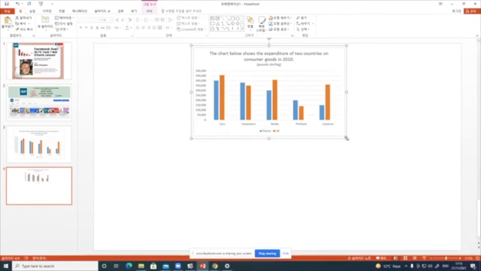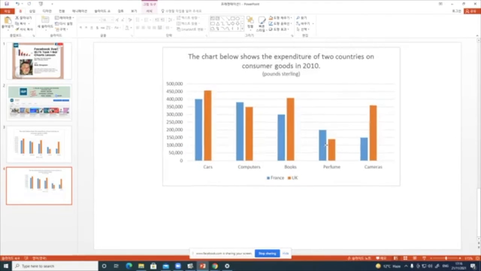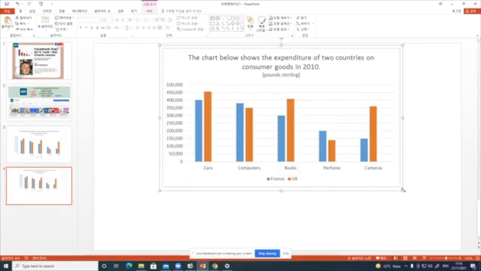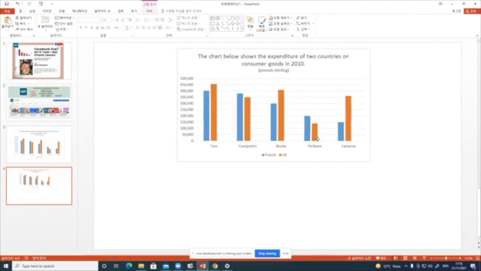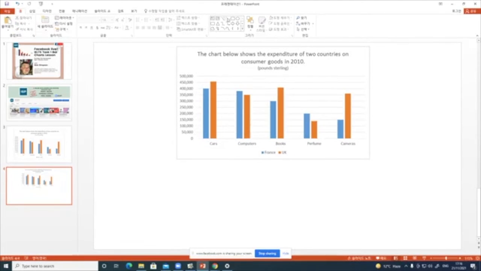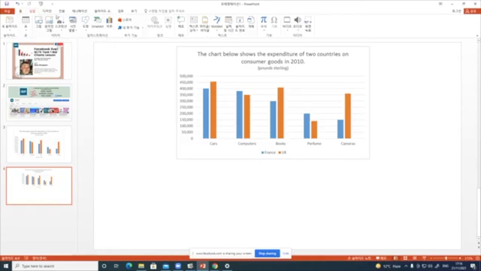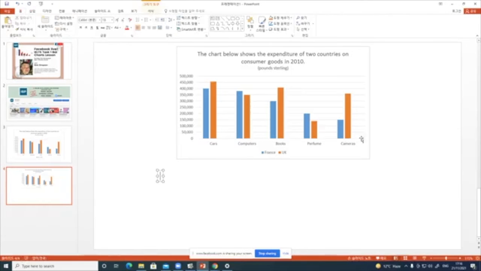Let me make it a bit bigger, maybe. Can you see that way? I need space to write. Okay, bear with me. All of my controls are in Korean on my Korean PowerPoint program.